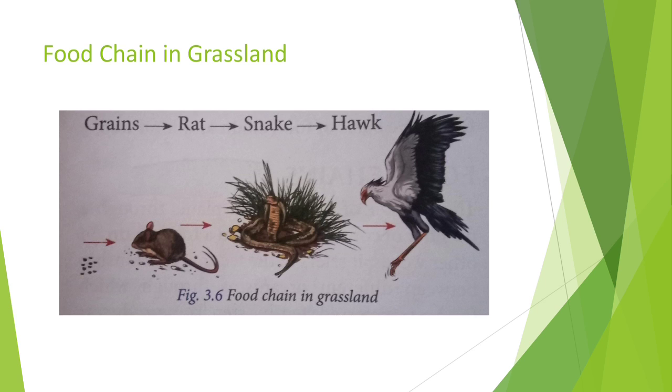For example, look at the figure. There are some grains, rat, snake and hog. The grains are eaten by the rat, the rat is eaten by the snake and the snake is eaten by the hog. So this is the food chain in the grassland.